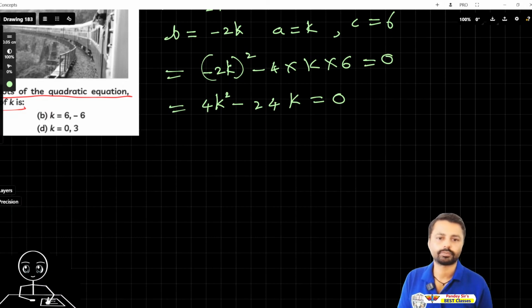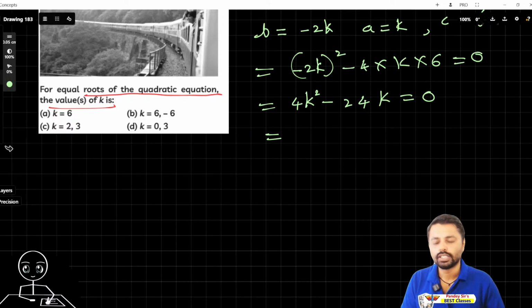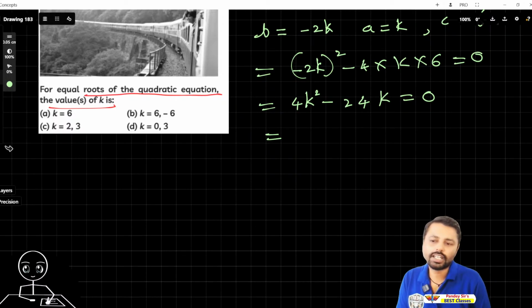Okay, what number can we put for k? If k equal to 6, we'll try once. 6 sixes are 36, 36 into 4. So let's try with k equal to 2 and 3, because these are small numbers. And yes, k equal to 0 also works. See, if k equal to 0, then everything is 0. So I think k must be 0 or 3.